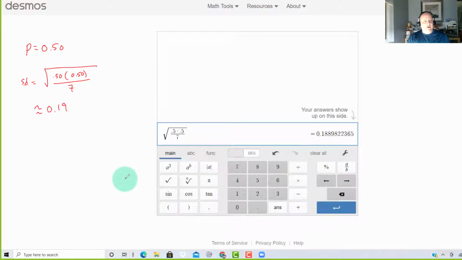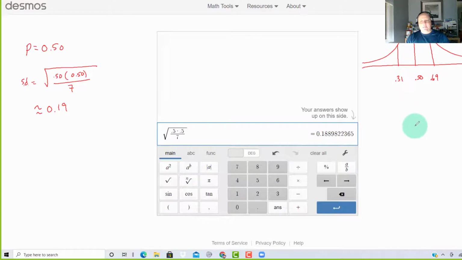Okay. So what do we have? We have then a distribution that has a mean of 50%. And the standard deviation is 0.19, so that means if I go up 1 standard deviation, I would be at 0.69, and if I go down 1 standard deviation, I'd be at 0.31.